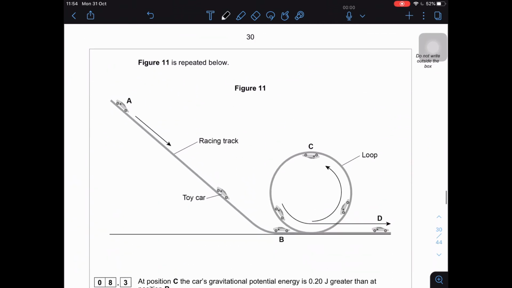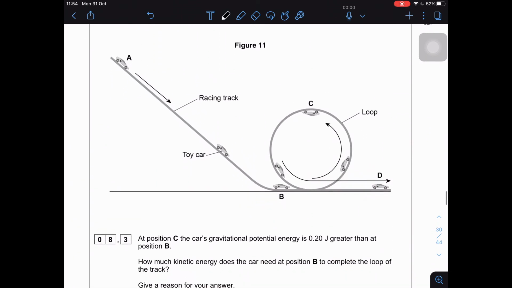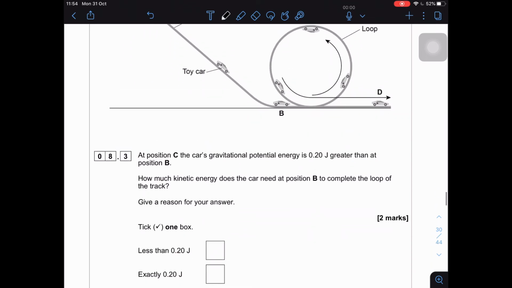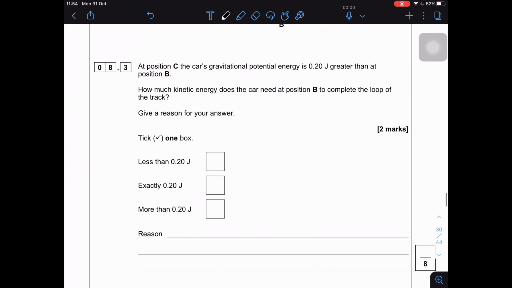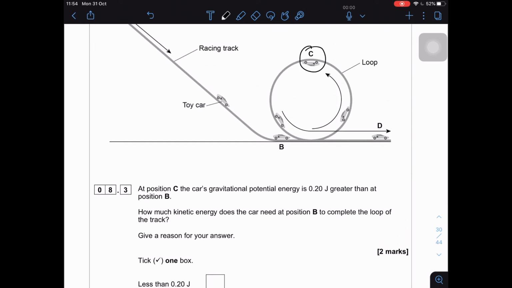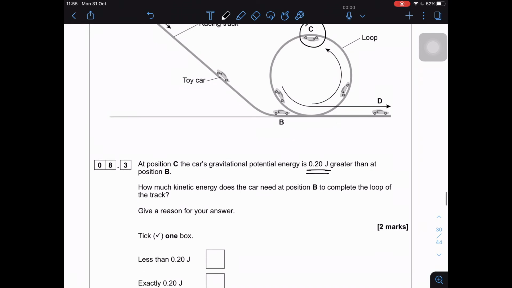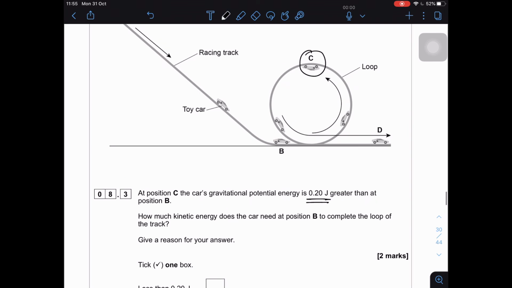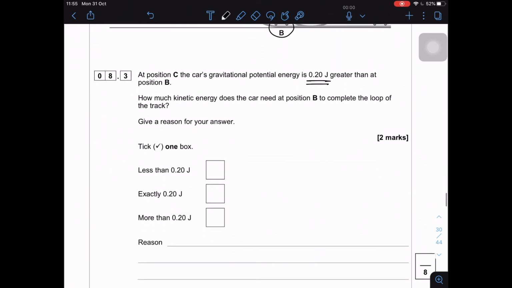Now the next one. The same figure is put again so that you don't have to turn pages. 8.3. At position C, the car's gravitational potential is 0.2 joules greater than at position B. Here, the potential energy is much greater.